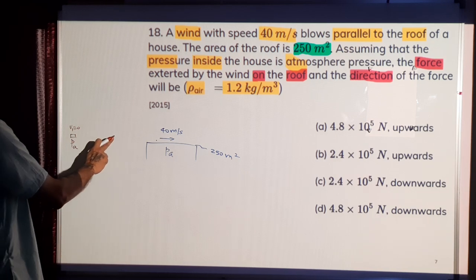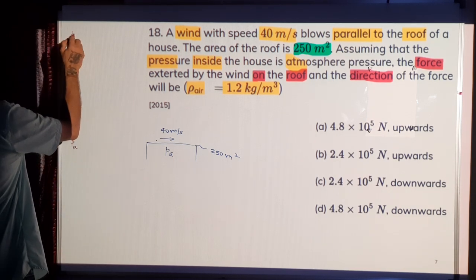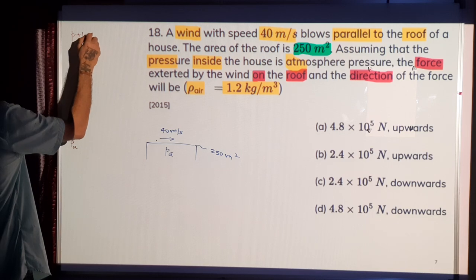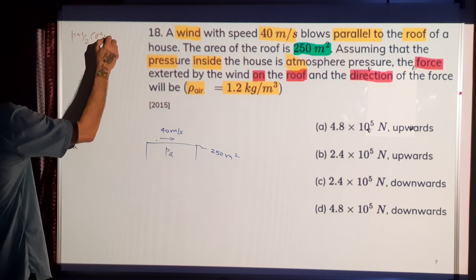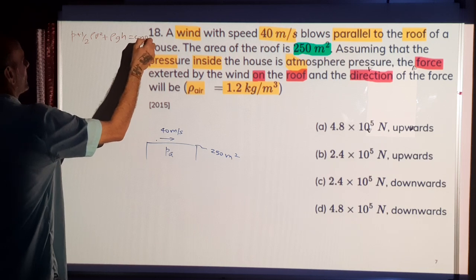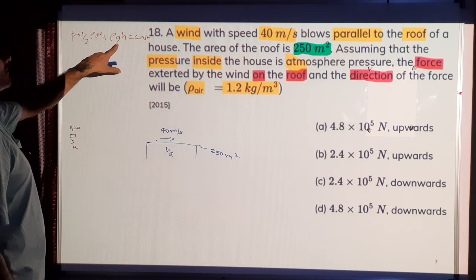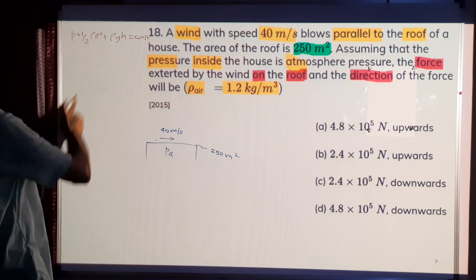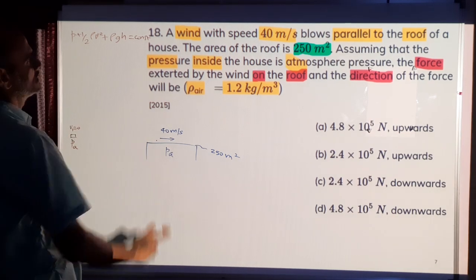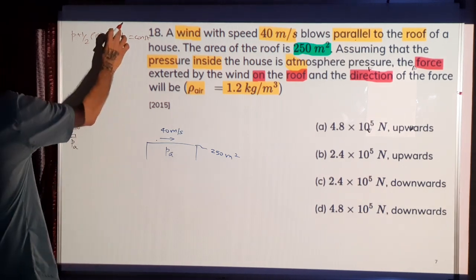It will pick up speed, and then pressure will drop because according to the Bernoulli equation, P plus half rho V square plus rho gH is constant: pressure energy, kinetic energy, and gravitational potential energy. This rho gH will not change because of the same height. The wind is blowing parallel, so there is no change of height. So this is also constant.